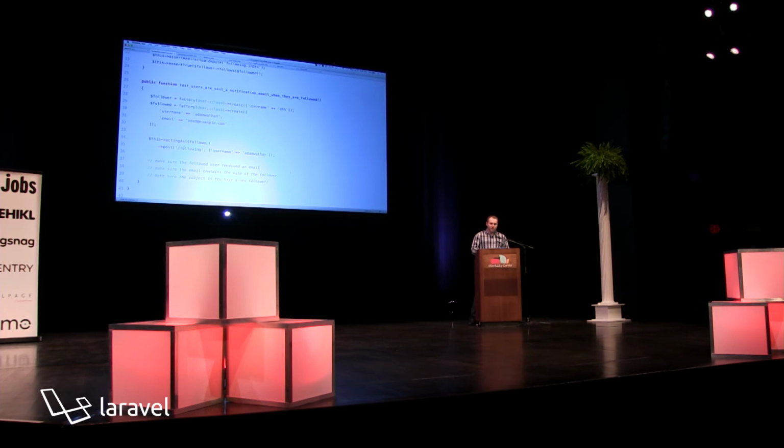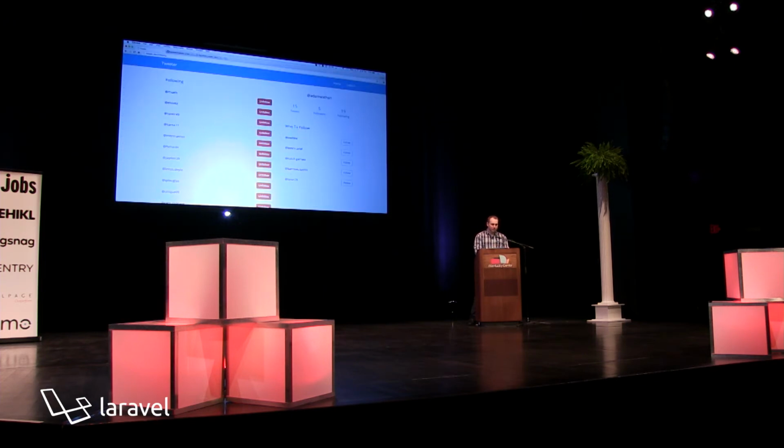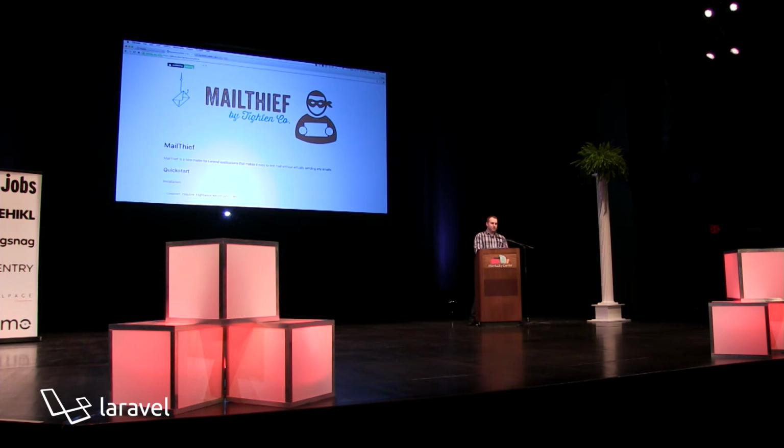So I don't have time to walk through building one from scratch, but I actually wrote a library for fake mail when I was working at TitanCo called MailThief, which you can check out at titanco/MailThief on GitHub. And MailThief is a fake mailer for Laravel that lets you do this sort of thing.